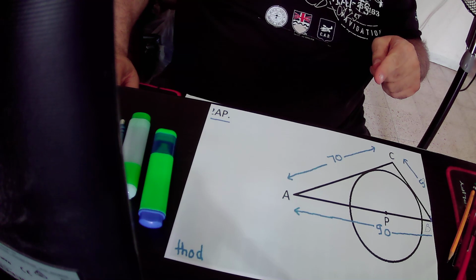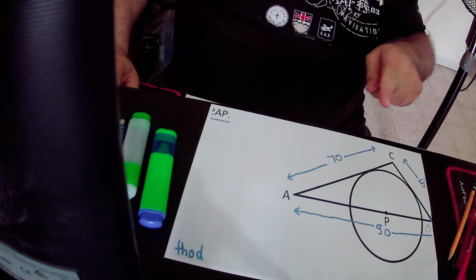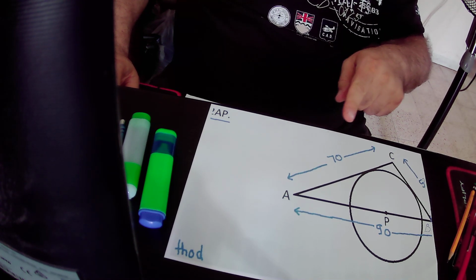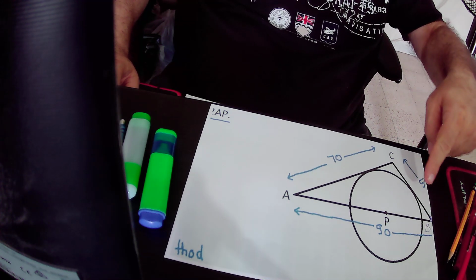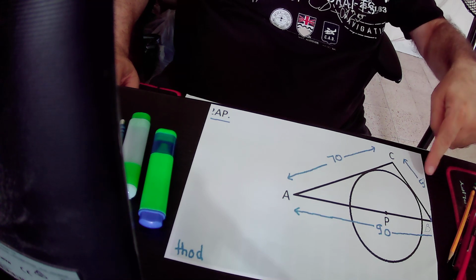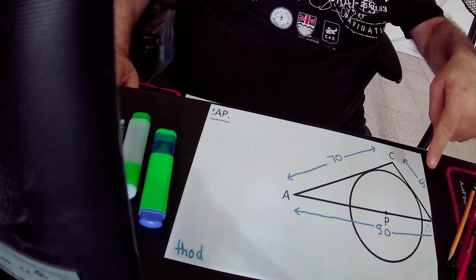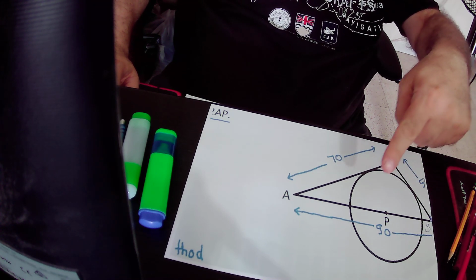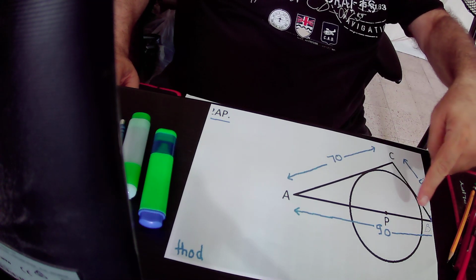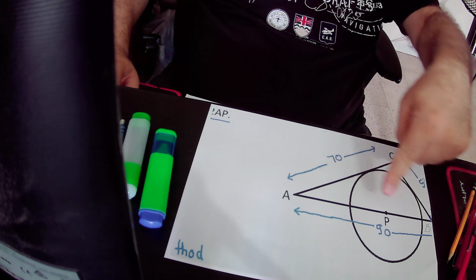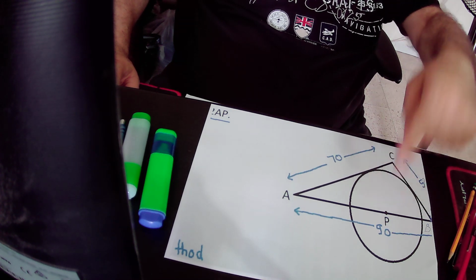It has side AC that equals 70 units, side BC of the triangle equals 50 units, and side AB of the triangle equals 90 units.